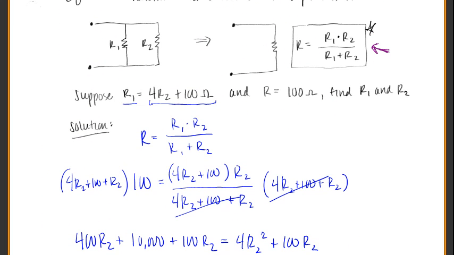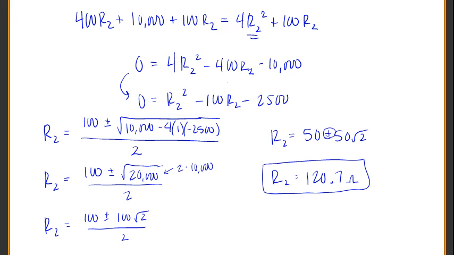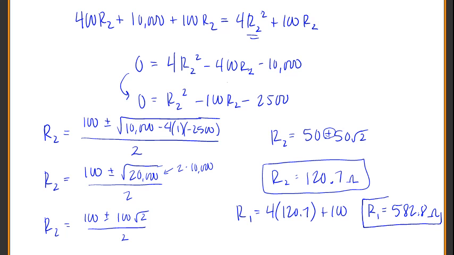It tells us that R1 is 4 times R2 plus 100. So R1 is 4 times R2 plus 100. So then R1 is going to be 582.8 ohms. Box that up and we can call that done.